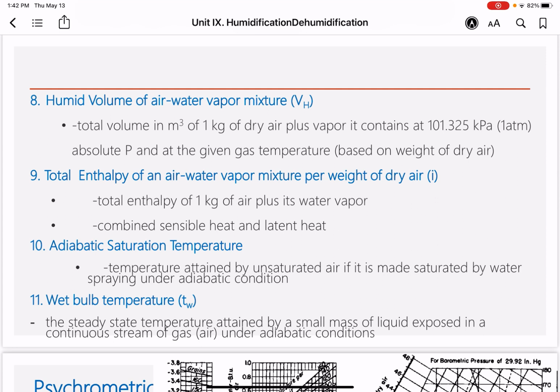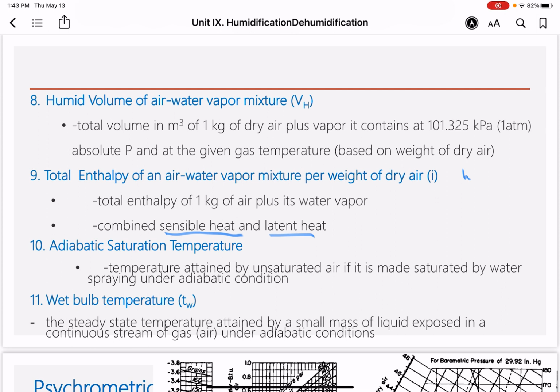Number 9 is your total enthalpy. Some use I, sometimes the small H. Okay? It's the total enthalpy of 1 kilogram of air plus its water vapor. It is actually, take note, a combination of your sensible heat and latent heat. So you are given equation 9.9 and 9.10 for the reference temperature at 32 degrees.